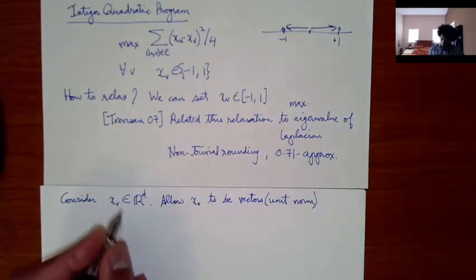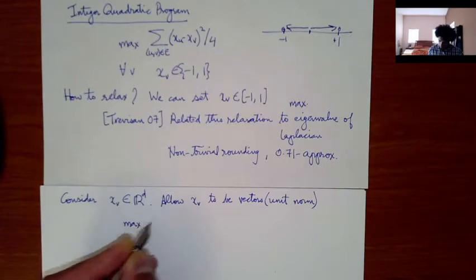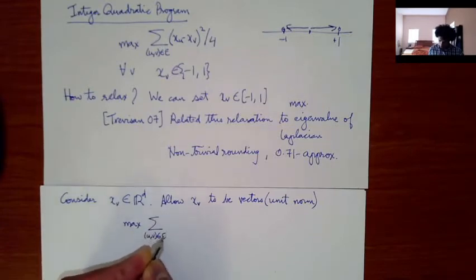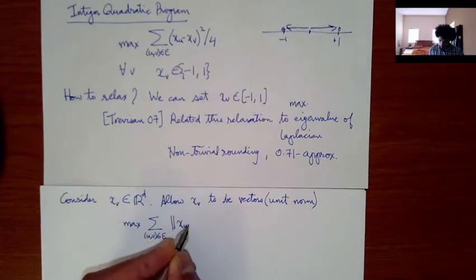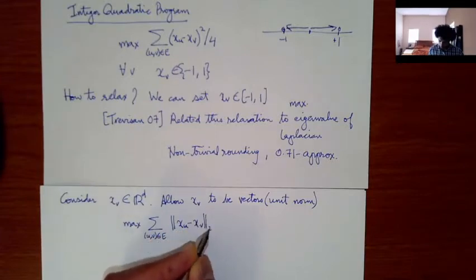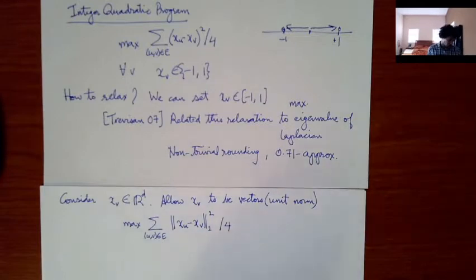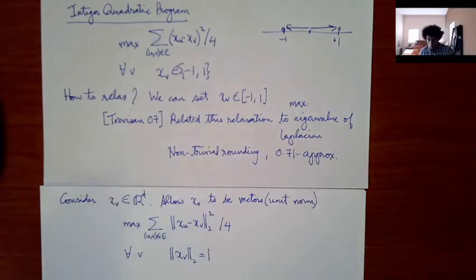The relaxation is to again maximize over all edges, except now put the 2 norms squared, again divided by 4, and we set this norm to be 1. Any questions about what this is? So this is the Goemans-Williamson relaxation.